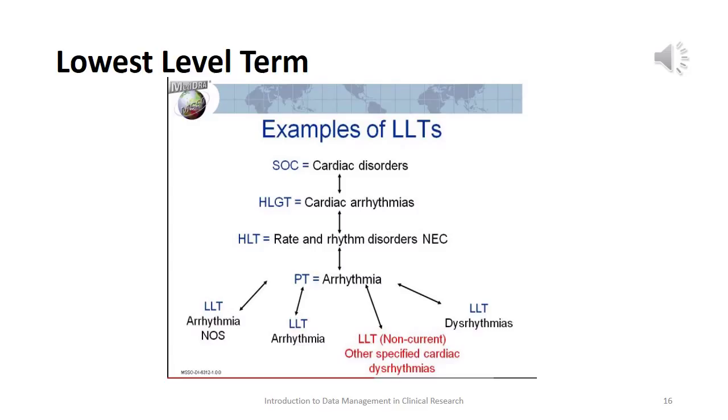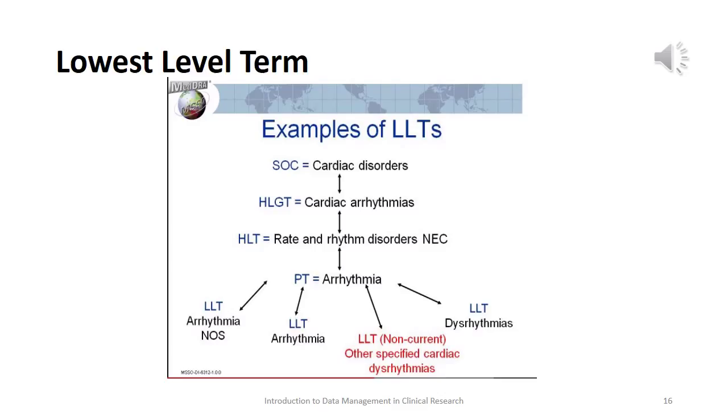This graphic shows an example of what this would look like. We're starting out with our system organ class of cardiac disorders, and then we're moving from there to our high level terminology, which is going to be the cardiac arrhythmias. And then we move into even further classification, which in our case would be rate and rhythm disorders.